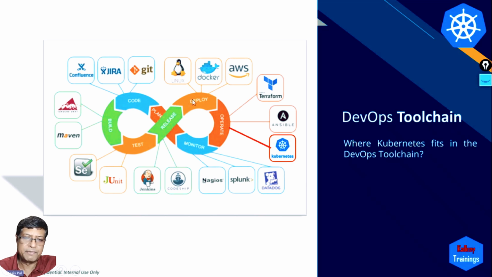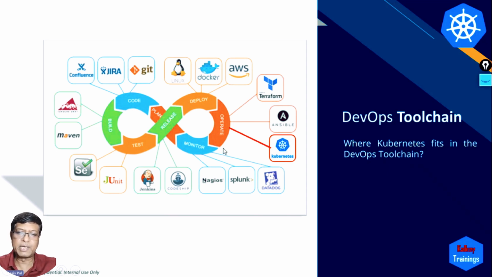You see the entire DevOps life cycle. You have various phases like plan, code, build, test, release, deploy, operate, and then finally monitor. With each of these phases, you will have various DevOps tools.